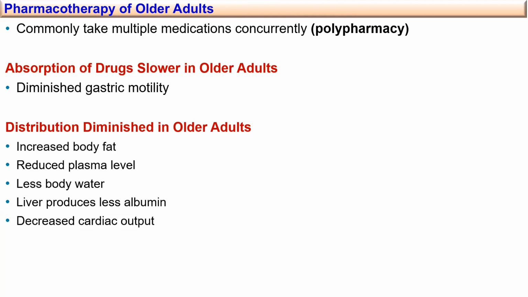Absorption of drugs is slower in older adults because of diminished gastric motility, decreased blood flow to digestive organs, and increased gastric pH. Also, distribution in older adults will diminish because of the increased body fat, reduced plasma level, less body water, and then the liver produces less albumin.